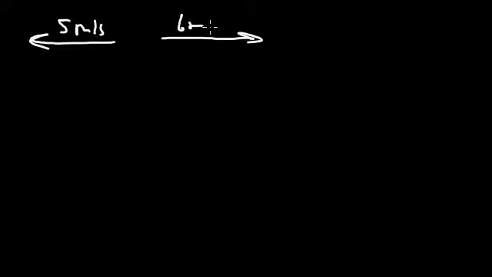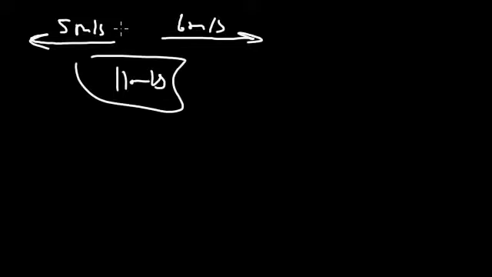Take for instance the sum of two speeds that are moving. If the first one is moving to the left, for instance, we have 5 meters per second, and the second speed is 6 meters per second. Now to add these two speeds, we really don't care where this is heading to, we just have it as 11 meters per second, as that is the sum of the speeds.